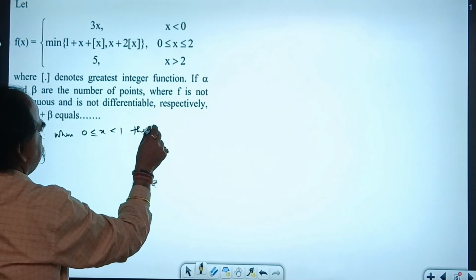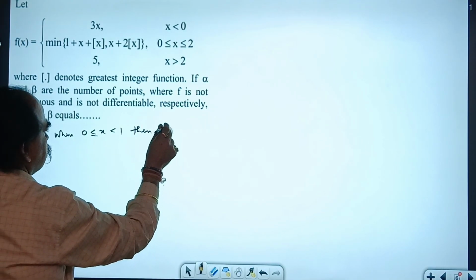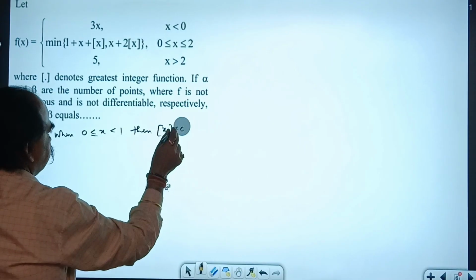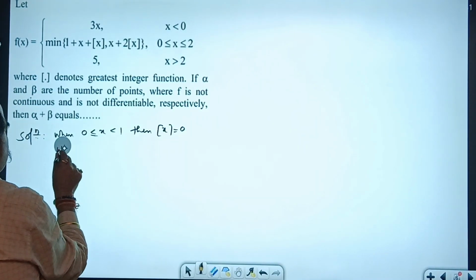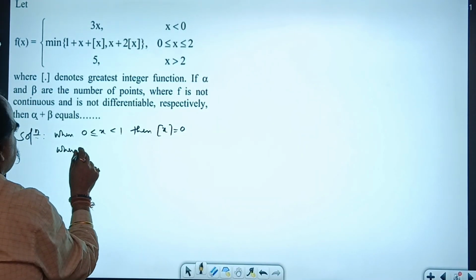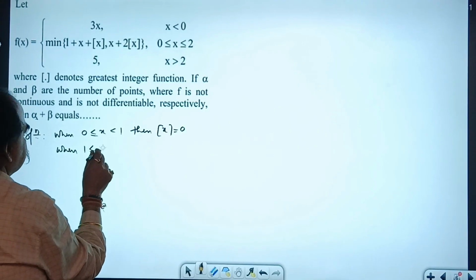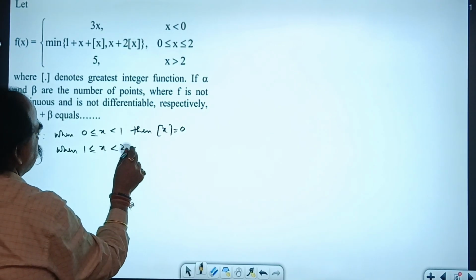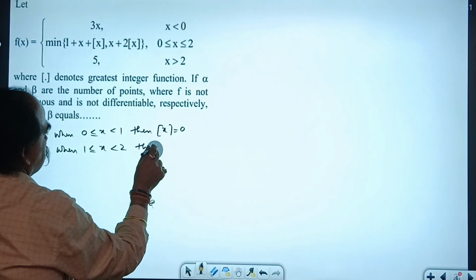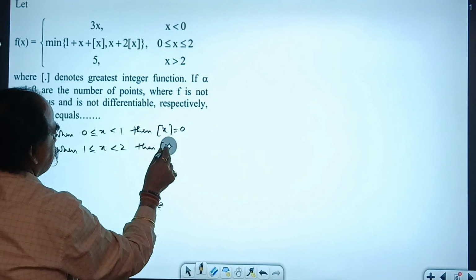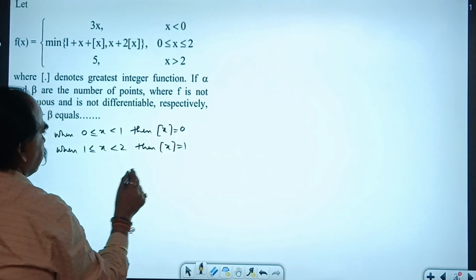Then greatest integer function is what? 0. When 1 less than or equal to x less than 2, then greatest integer function is what? 1.